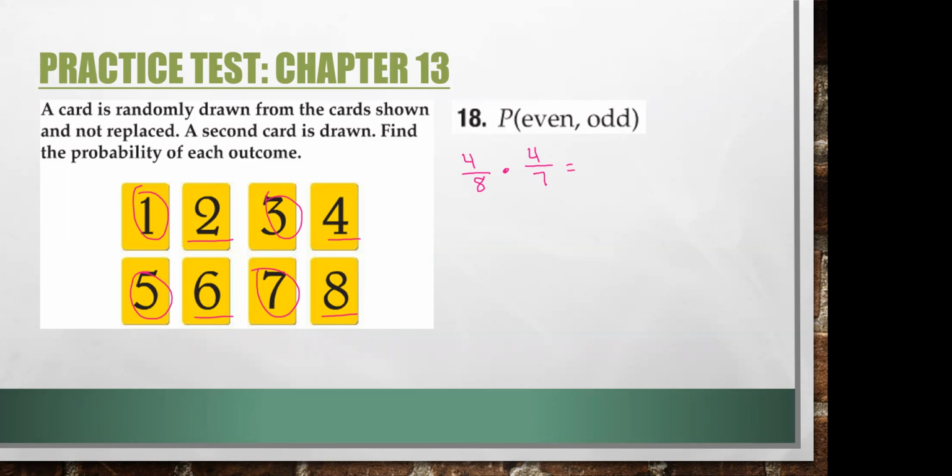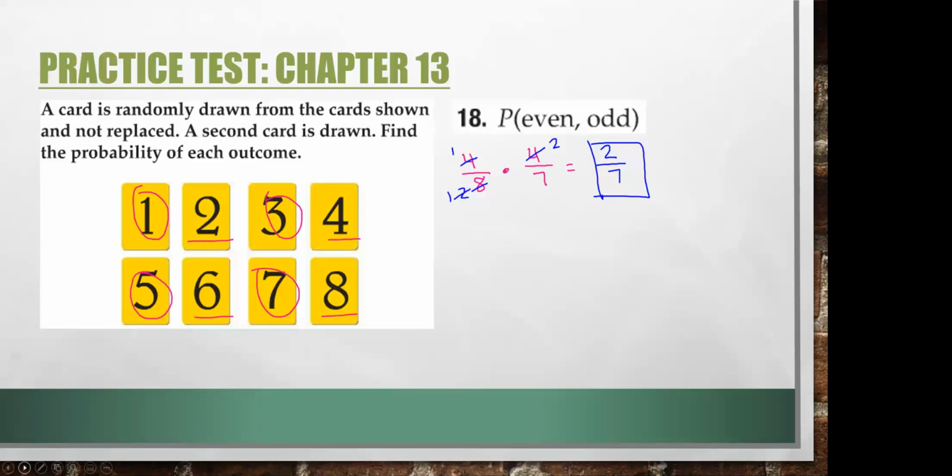Okay. So we would simplify. 4 over 8 can be simplified to 1/2. And then 4 and 2 have a common factor of 2. 2 goes into 2 once, and 2 goes into 4 twice. So now I can multiply straight across. 1 times 2 is 2, and 1 times 7 is 7. I can't simplify anymore, so my probability is 2 over 7.